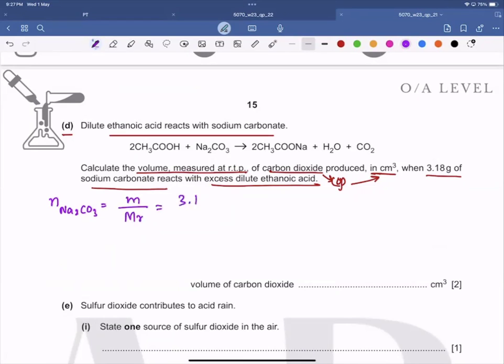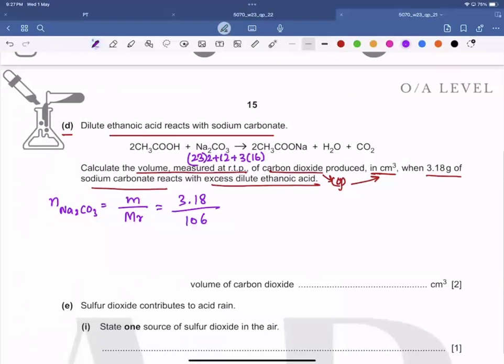So moles equals mass divided by Mr. The mass is 3.18, and for the Mr, it's 23 times 2 plus 12 plus 3 times 16. So 3 times 16 is 48. 48 plus 12 is 60. 60 plus 46 is 106. So 3.18 divided by 106.